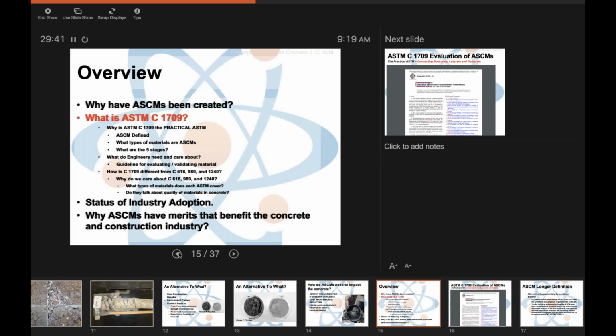It's not an easy thing to create an ASCM. And then I want to go into a comparison of what you as an engineer or even a contractor need to know about, and then do a comparison between what we're used to versus the 1709. Next slide, please.